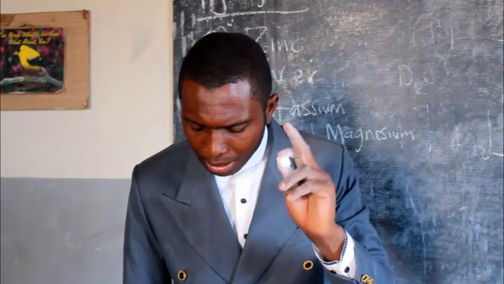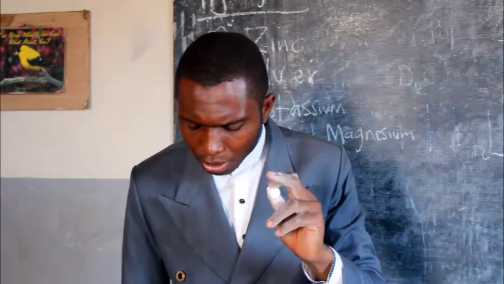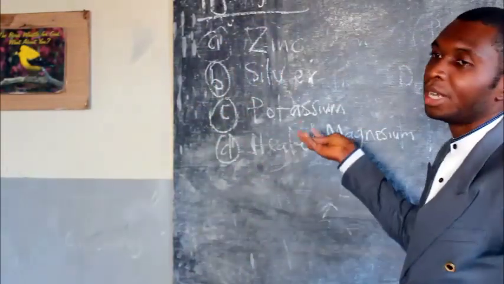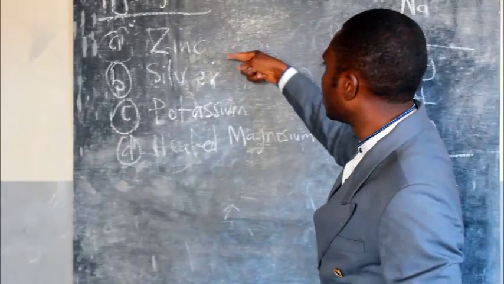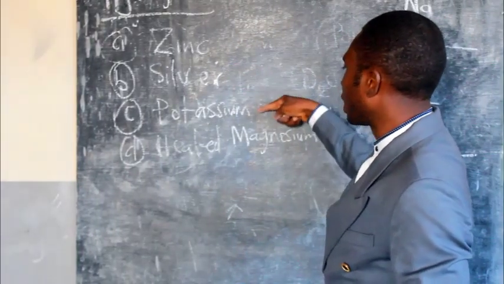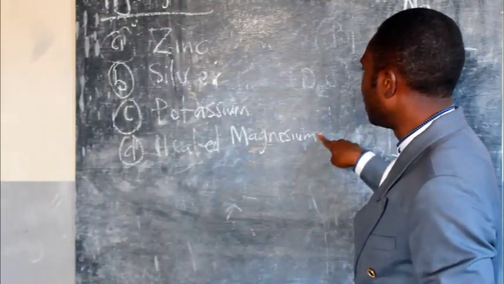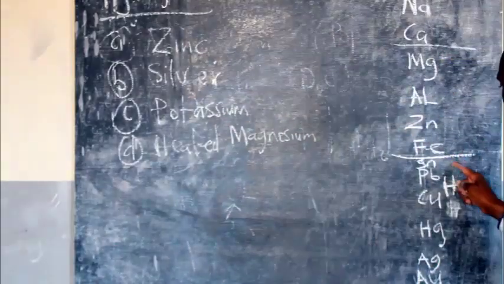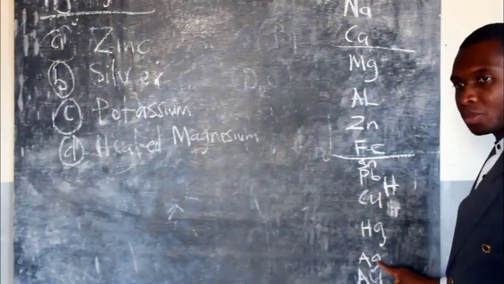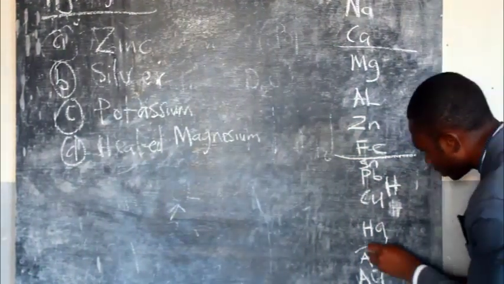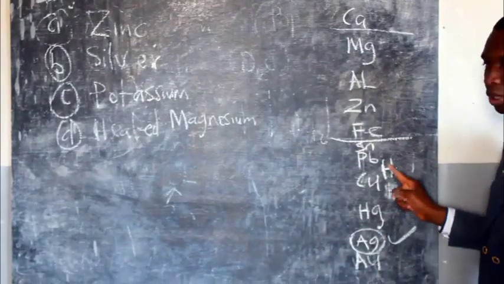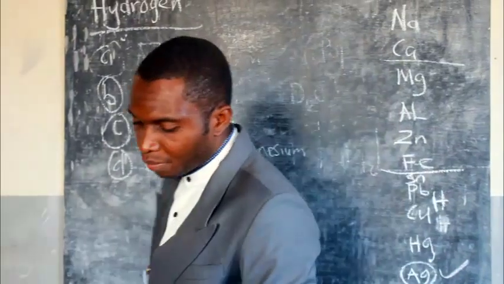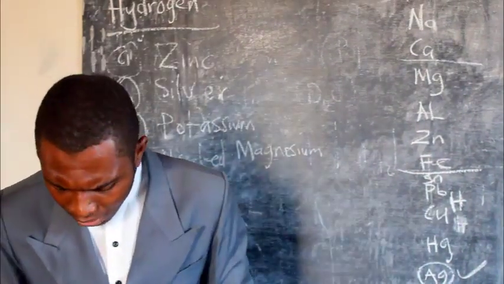All except one metal from this option can displace hydrogen from the acid. We have zinc, we have silver, we have potassium, we have heated magnesium. So which one is lower than hydrogen in the activity series? Where is silver? Did you see that silver is underneath? Silver is lower than hydrogen. So it cannot liberate hydrogen. So the answer is silver. The rest can liberate hydrogen.